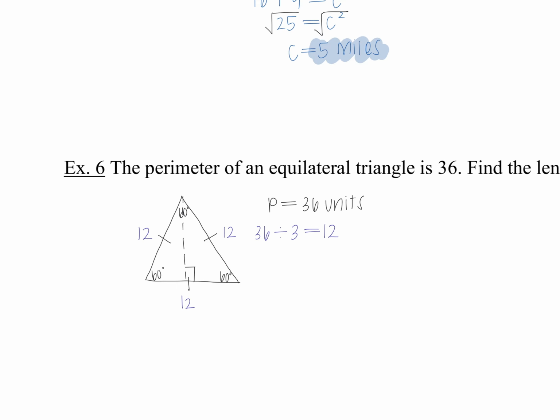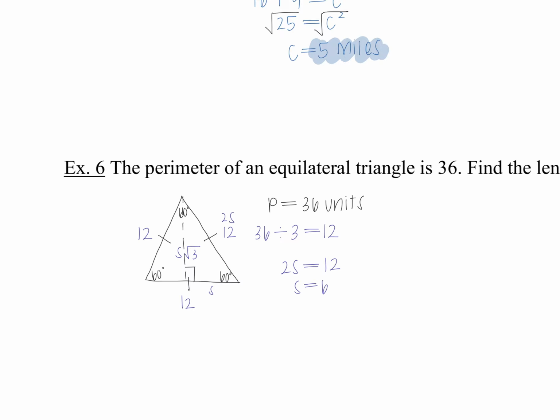And so using my ratios, we know that this is going to be my 2s. We know that this right here is my s, and then my s root 3 is what I'm solving for. So if my 2s is equal to 12, I know that my s is equal to 6.